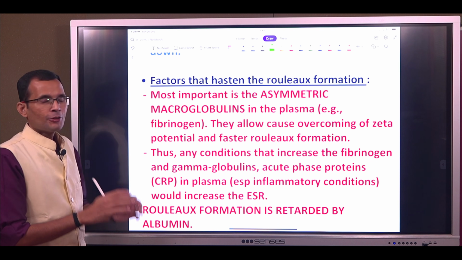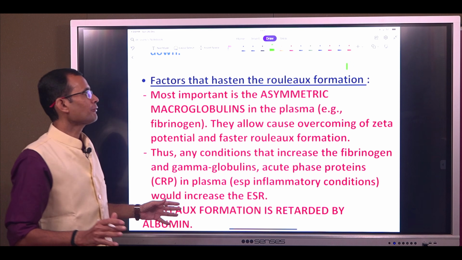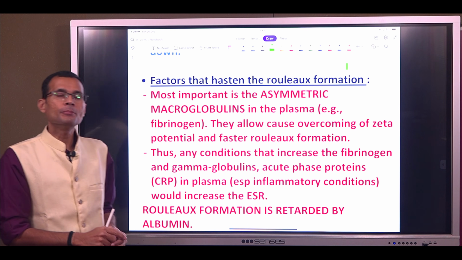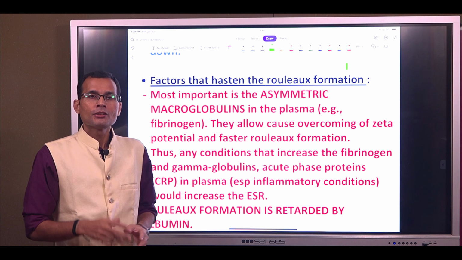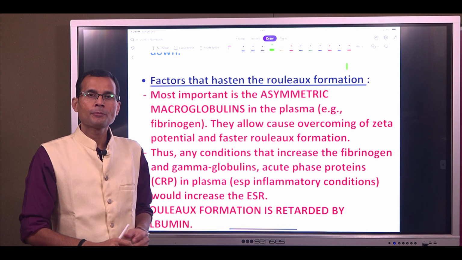Right. Now, that brings us to the key cardinal question. What are those factors which hasten the rouleaux formation? Remember this term forever now. There are asymmetric macromolecules in the plasma.